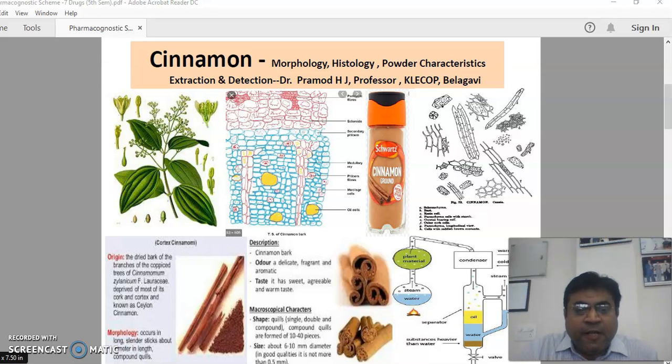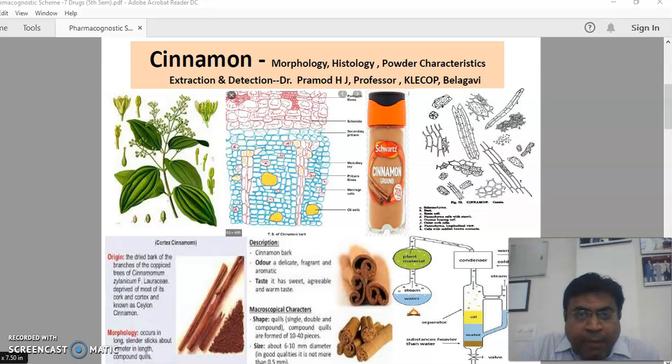With this we will move ahead to the macroscopic characters. It consists of quills of size 6 to 10 mm in diameter, and a good quality cinnamon is very fragrant and very much aromatic also.